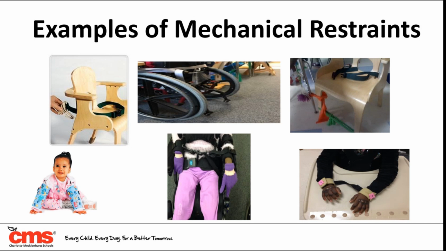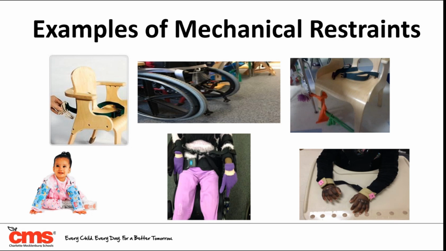So to the right, these are what we call risk buddies, and this may be a student who, again, is engaging in perhaps that self-injurious behavior. And we need to find a way to keep this student from a variety of things. Maybe they are detaching the tray table on their activity chair, and they're manipulating out of the seat, and they need that seat for support.